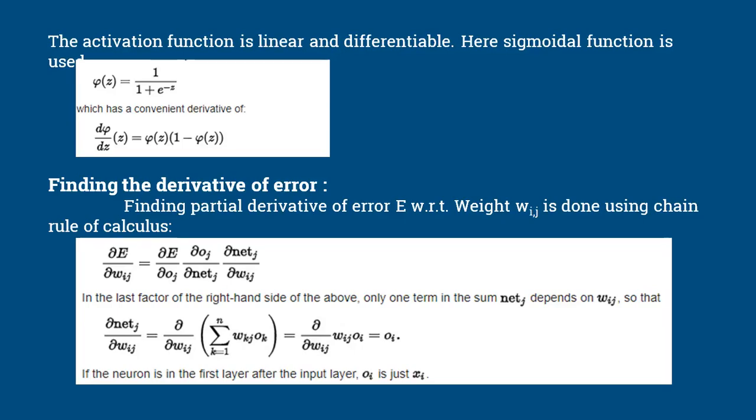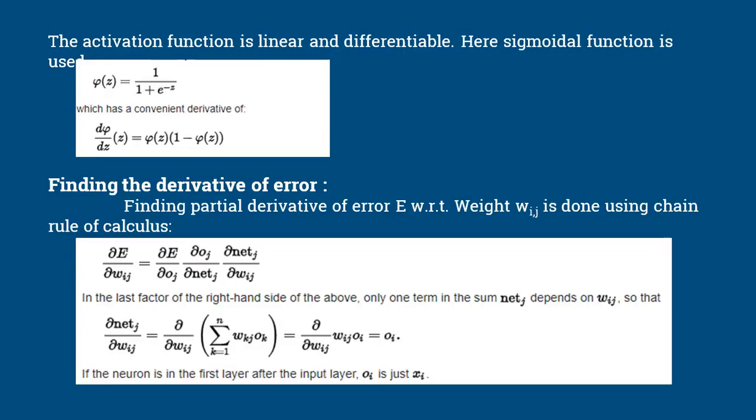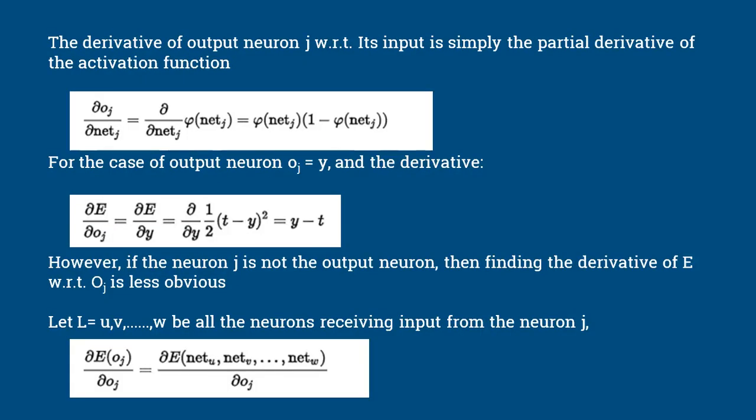Now calculating the next term, that is the partial derivative of oj with respect to net j. The derivative of the output of neuron j with respect to its input is simply the partial derivative of the activation function, since oj is equal to the activation function of net j.